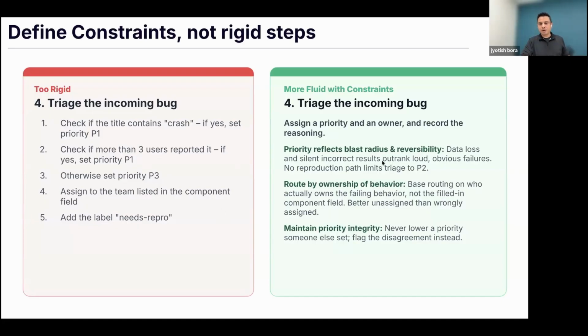The other one is giving some context or constraints, but also background information on how to do it. And then it's giving some freedom in how to classify these tickets as P1, P2, or P3. So it's always important to design skills in a way that you are not building them too rigid.